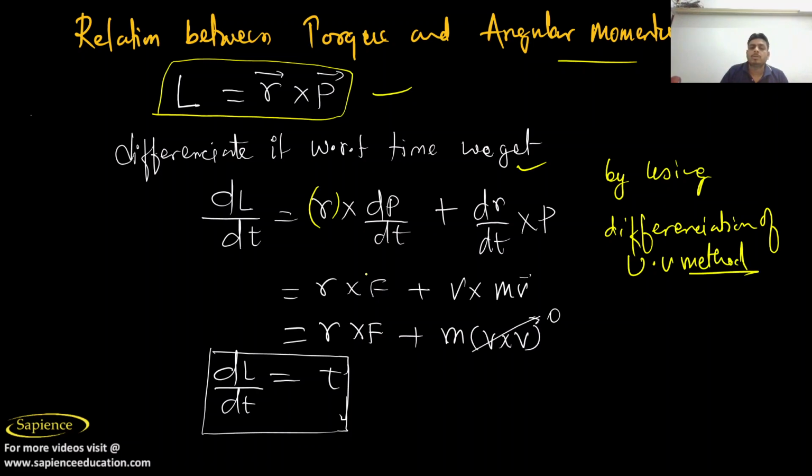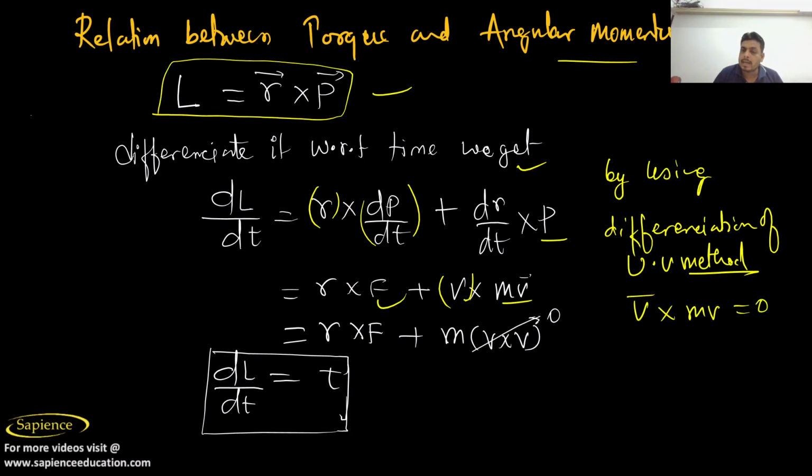So by using the uv method, can we write here dp/dt, the rate of change of linear momentum, is force, and dr/dt is known as velocity, and p is your mv. So tell me, velocity cross mv. Mass is constant, so v cross mv will be 0.